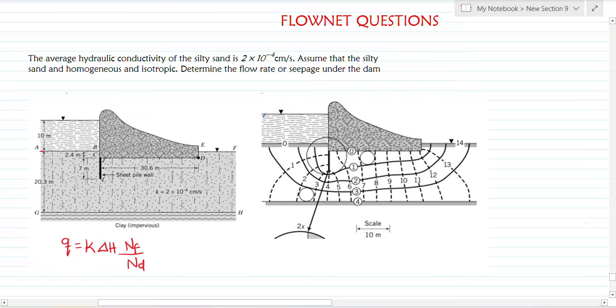Now this is done per unit width of the dam, per unit width of the dam. So that will give us the discharge. You get it, right?